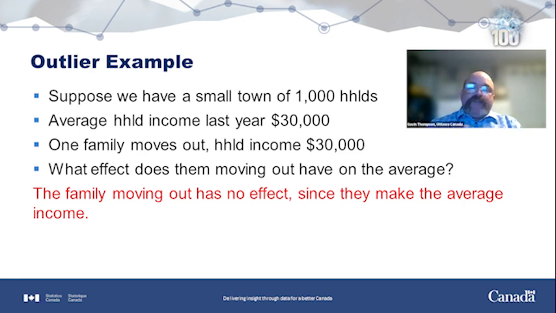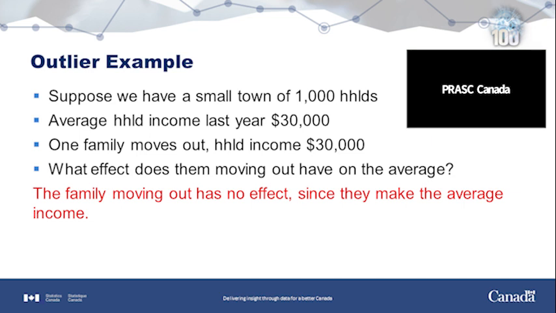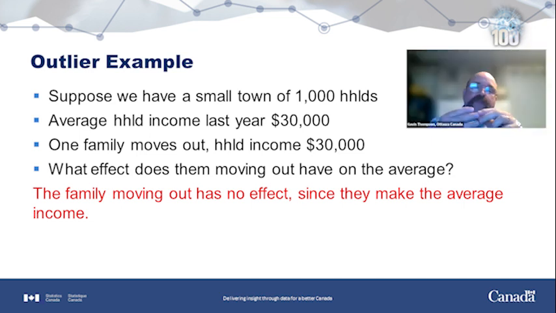So imagine, for example, if we had 3 families, one made 20,000, one made 30,000, and one made 40,000. The average of those 3 would be 30,000. But if we remove the $30,000 family, and we have one family making 20,000 and one family making 40,000, the average of those is still 30,000, because this family that was exactly on the average doesn't change the value.